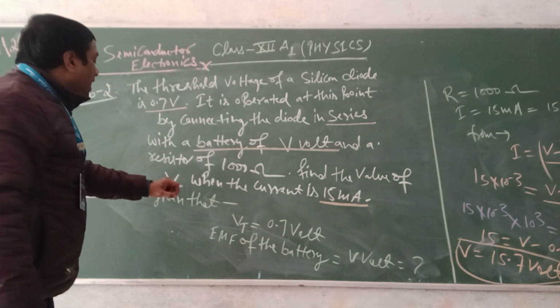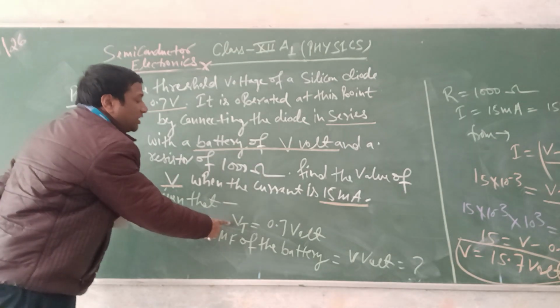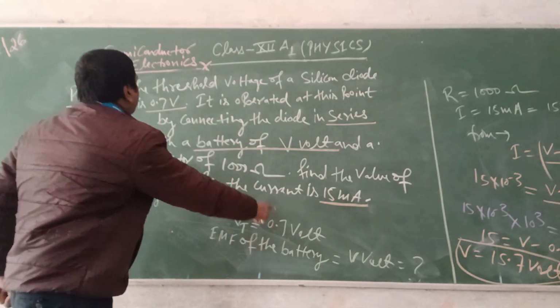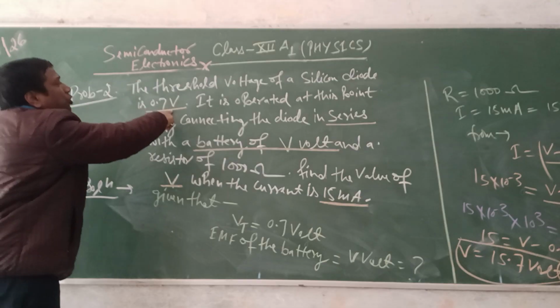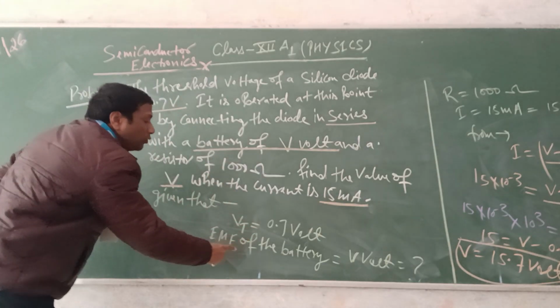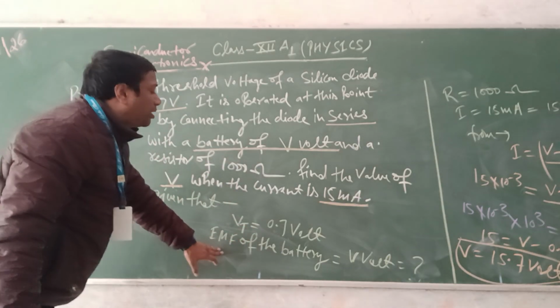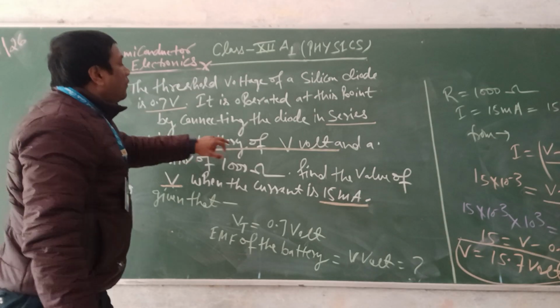According to the question, the given threshold voltage Vt is equal to 0.7 volt. Now we have to find the EMF of the battery, the battery of V volt.